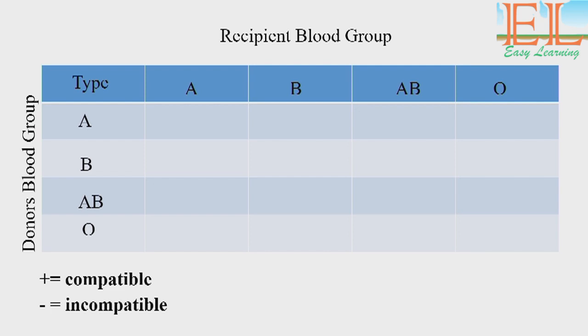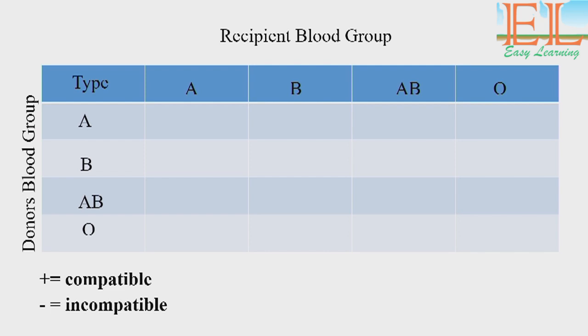Before we do this, let's consider the antibodies of the recipient's blood groups, because it is in the body of the recipient that the antibodies work. So for example, blood group A has antibody small b, and hence it is not compatible with antigen B. So let's begin.